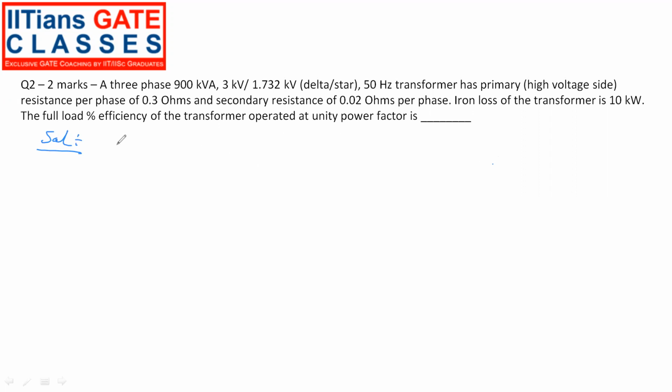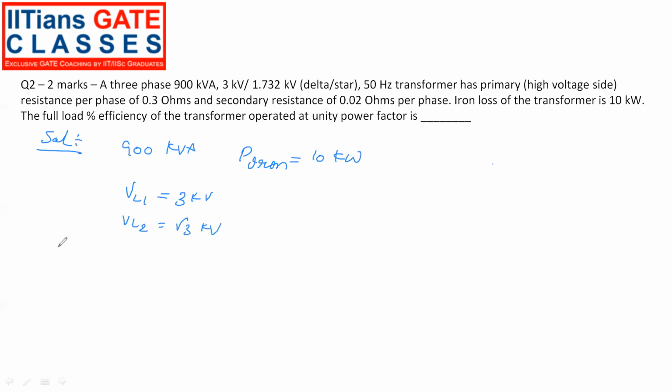The kVA rating is 900 kVA. They have given us the core losses, or the iron loss P iron, equal to 10 kilowatt. The primary side is a delta and the secondary side is a star. So the line voltage on the primary can be given by 3 kV, whereas the line voltage on the secondary can be given as root 3 kV.